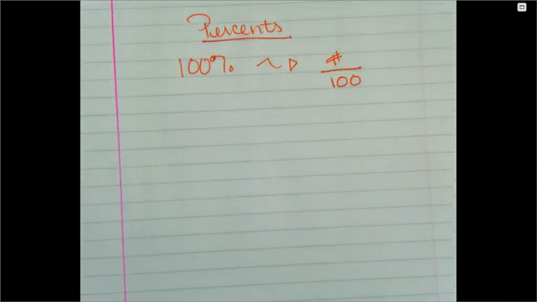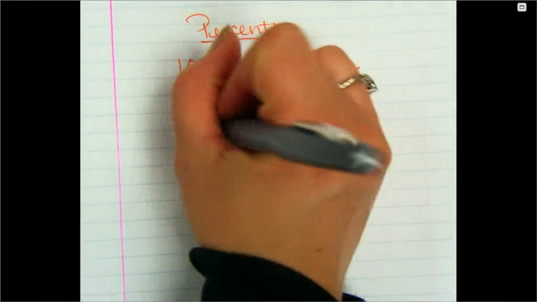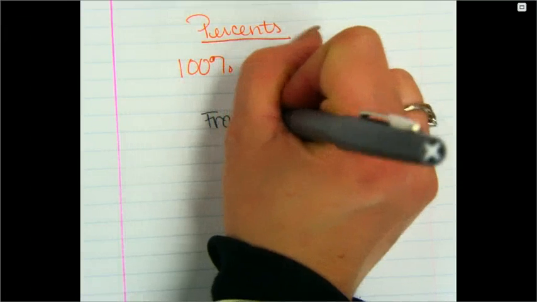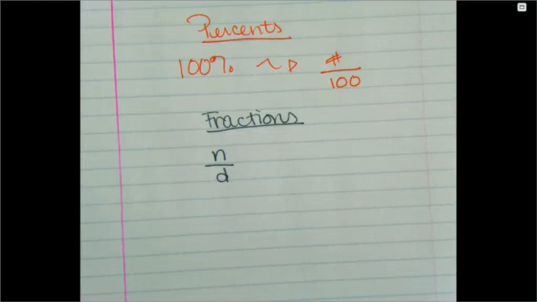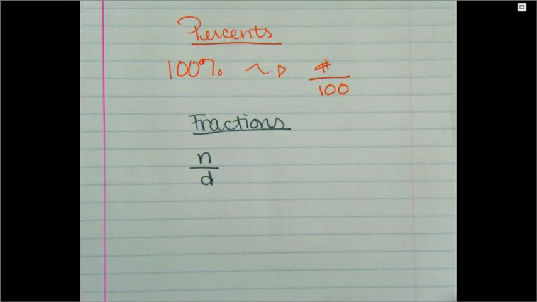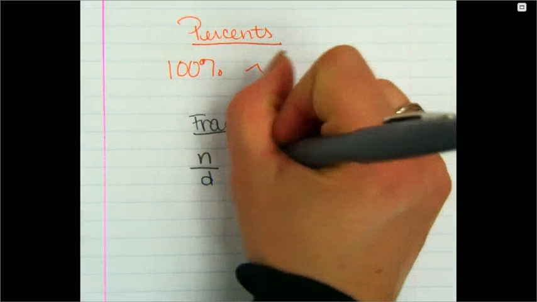Fractions. N over D. What does N stand for? Numerator. What does D stand for? Denominator. All right. How do you get from a fraction to a decimal? You divide.